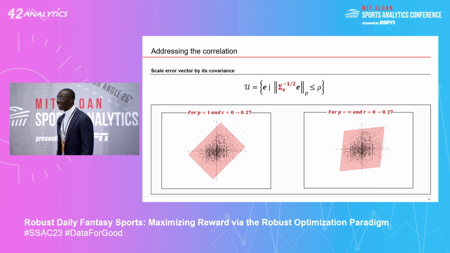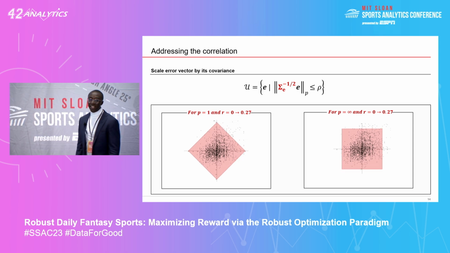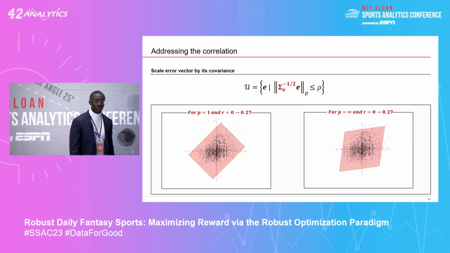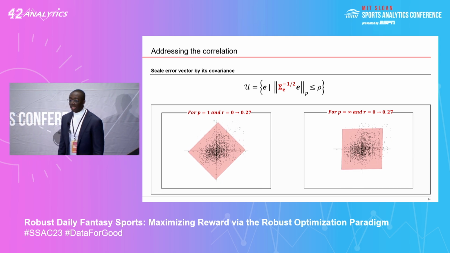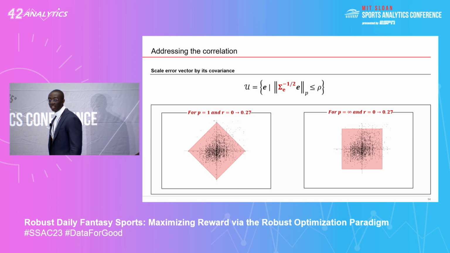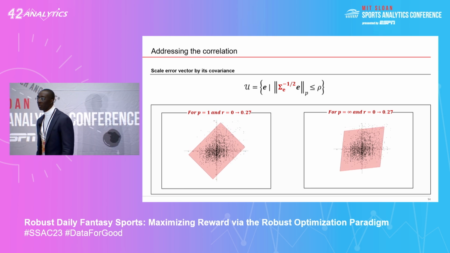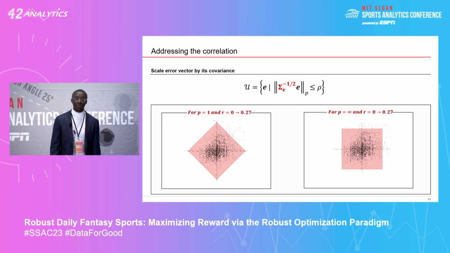The way that I end up doing that is by scaling the errors with the inverse square root of their covariance. And as you can see from the animation, it does slightly shift some area from the 2nd and 4th quadrants to the 1st and 3rd.